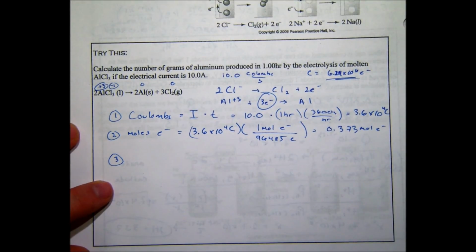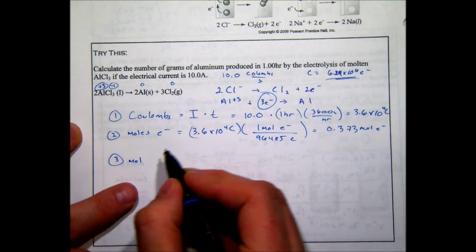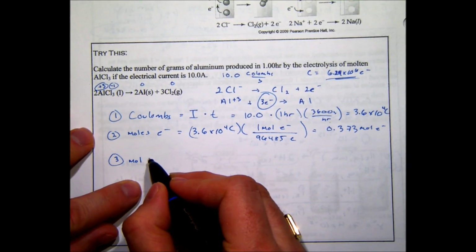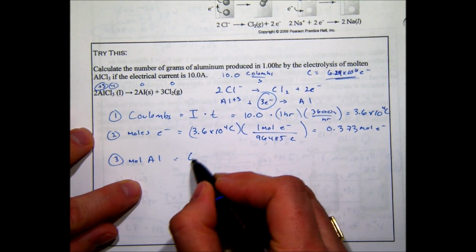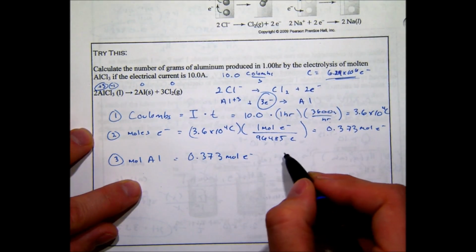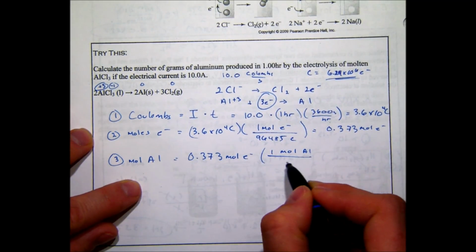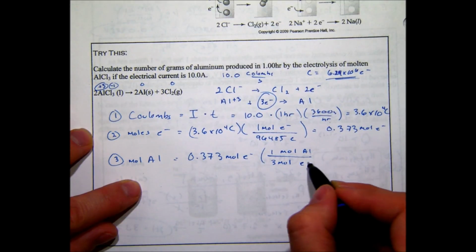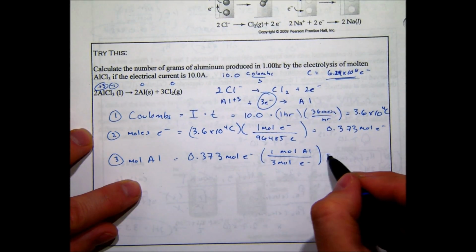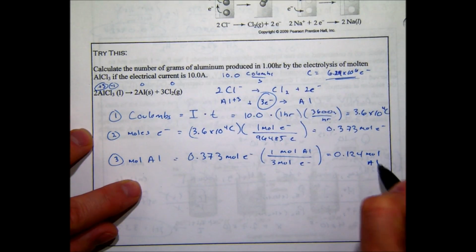Now we do stoichiometry, that's all that's left. So how many moles of aluminum do we need? I have 0.373 moles of electrons times 1 mole of aluminum over 3 moles of electrons, which is 0.124 moles of aluminum.